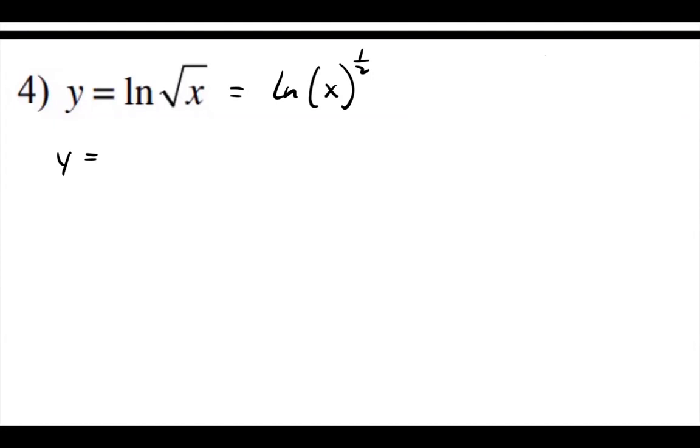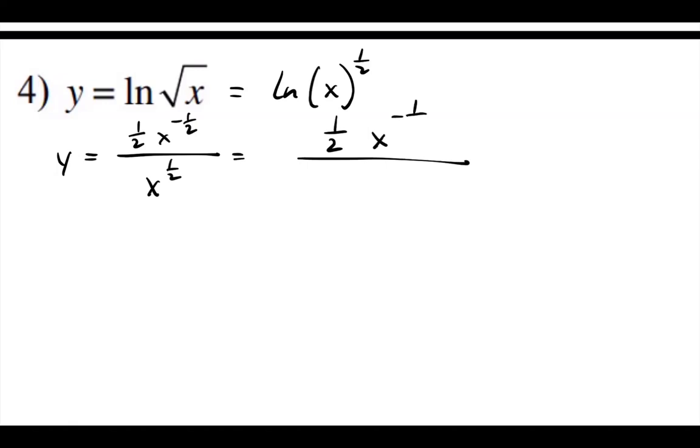So the derivative of the top, 1/2 x to the negative 1/2. The bottom stays the same. So I have a 1/2 on top. I have an x to the negative 1/2, and I have an x to the 1/2. Now you got to use your power rules. How do I simplify these guys here?